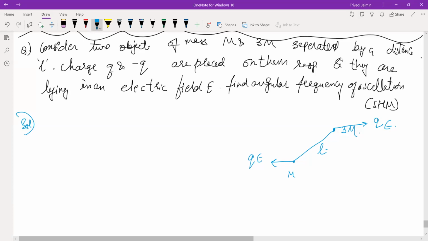Now for finding this, we need to find the center of mass first.